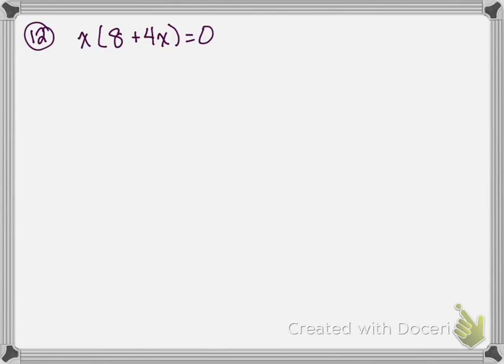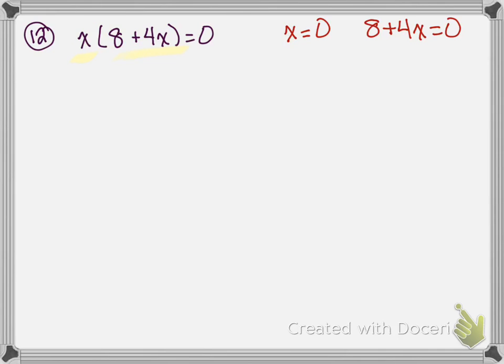Because it is already factored, you could go ahead and set each thing equal to 0. You could say x equals 0 because this is a factor, and then set 8 plus 4x equal to 0 because that's a linear factor.